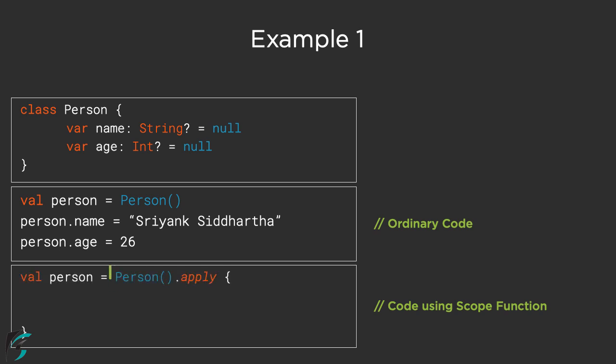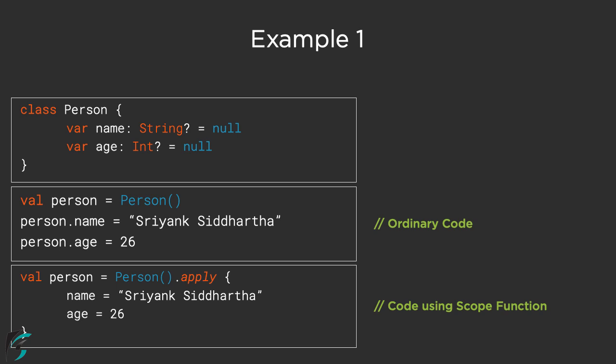So here we create the object and on that object we call the apply function. Well, apply is a scope function which is basically a higher order function. So in the lambda expression attached to it, we can write name equal to Sriyank Siddhartha, age equal to 26.